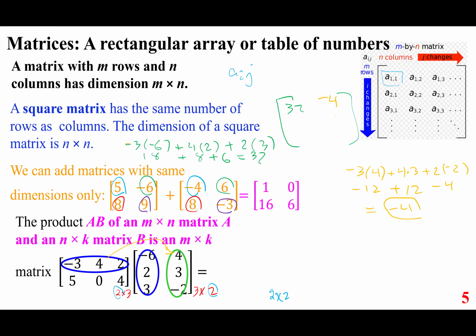So this is minus 4. And then you multiply this one by this one, you put it here. Multiply this one by this one, you put it here. And I leave it for you to figure those out. I did these two for you. I highly recommend you try to multiply this one by the first one, you get this one. And by this one, you get this. All right, so that's how multiplication works.